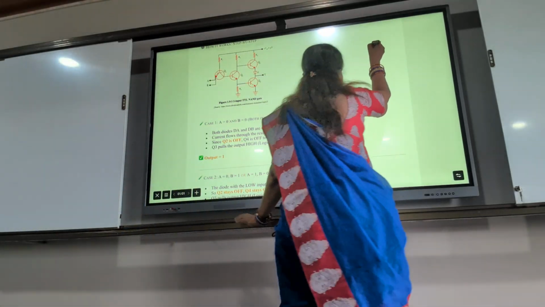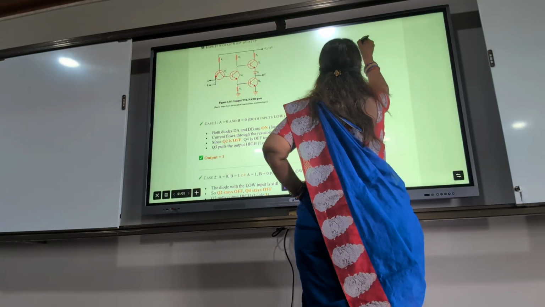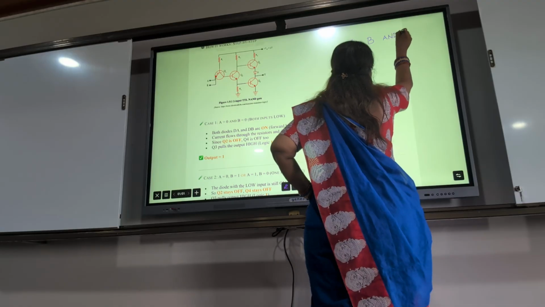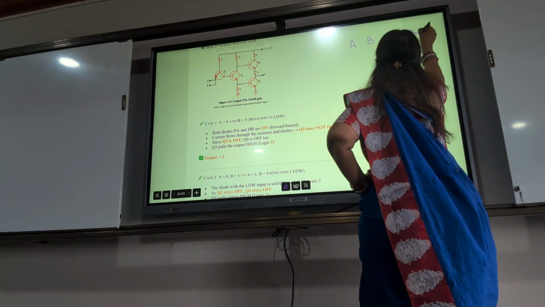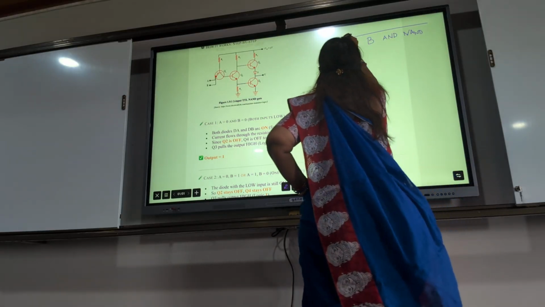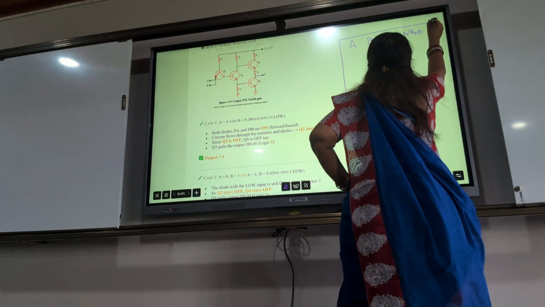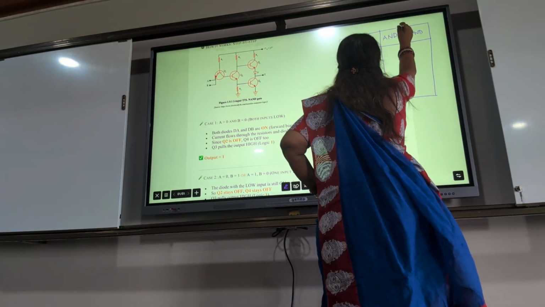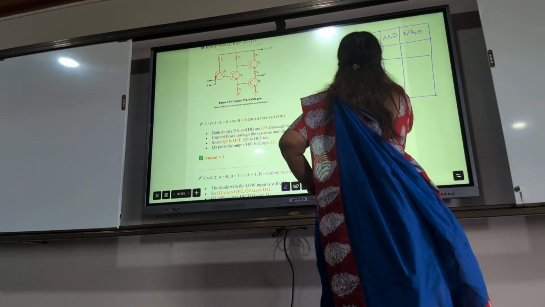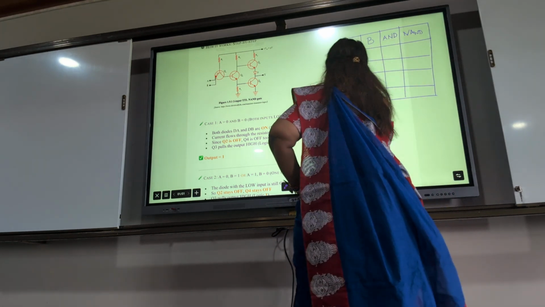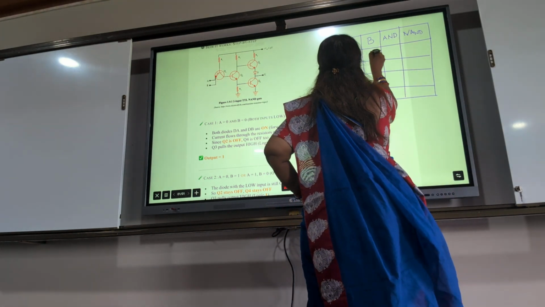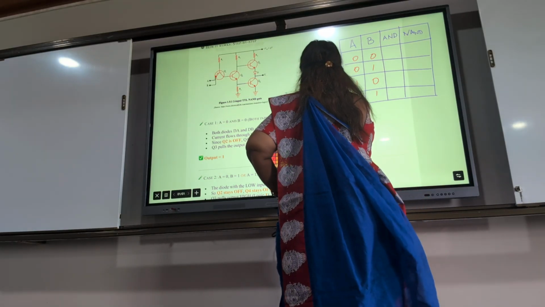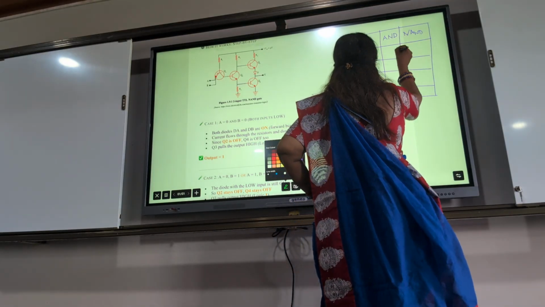Our truth table is A, B, and NAND. What is the output here?